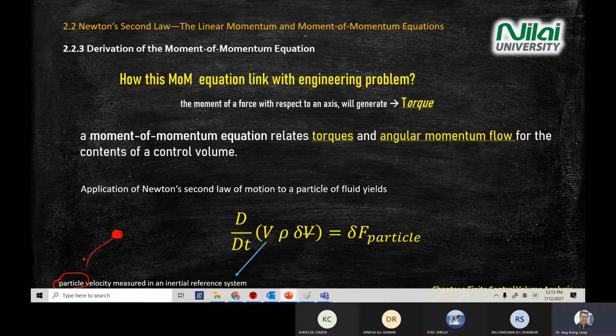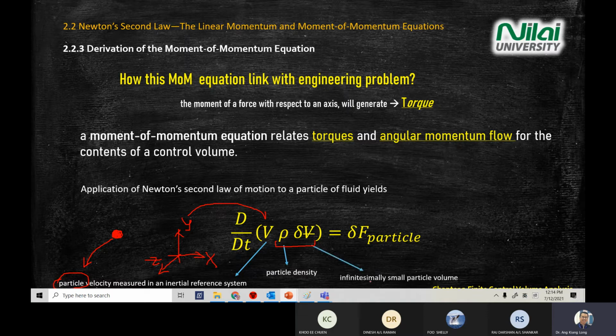Particle velocity measured in the inertial reference system, which is your global axis, your x, y, and z. This will always refer to x, y, and z, and this will give you a vector form accordingly.